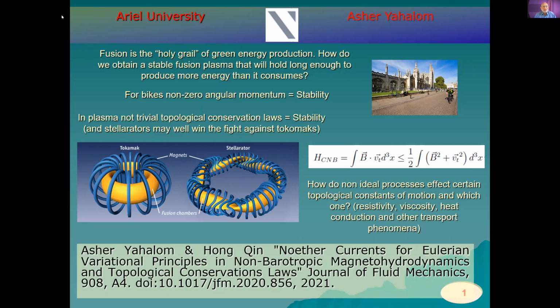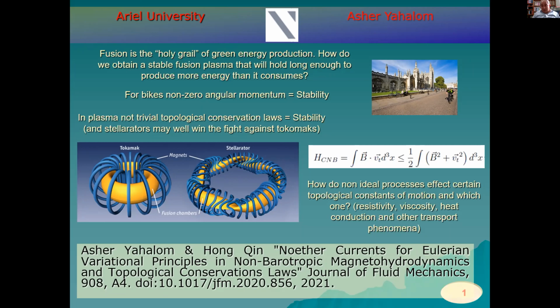Okay. So, yes, fusion is the holy grail of green energy production, as Hank said. And I think one of the main problems is stability. You need to get this hot plasma for enough time to produce energy, and then you can get more energy than you consume.